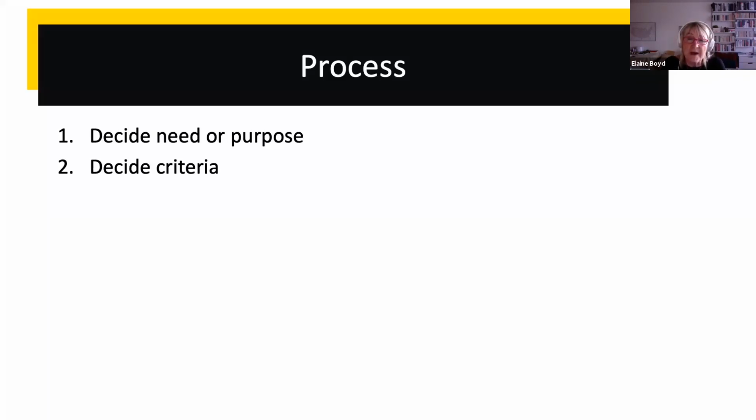Okay, so it's all about this. Make sure you have a very clear match between your purpose and your criteria. And the children don't understand the terminology here, but they do understand when you've told them to do something and if they've done it and what they're being judged on. So we can't go off-piste on how we're judging things.